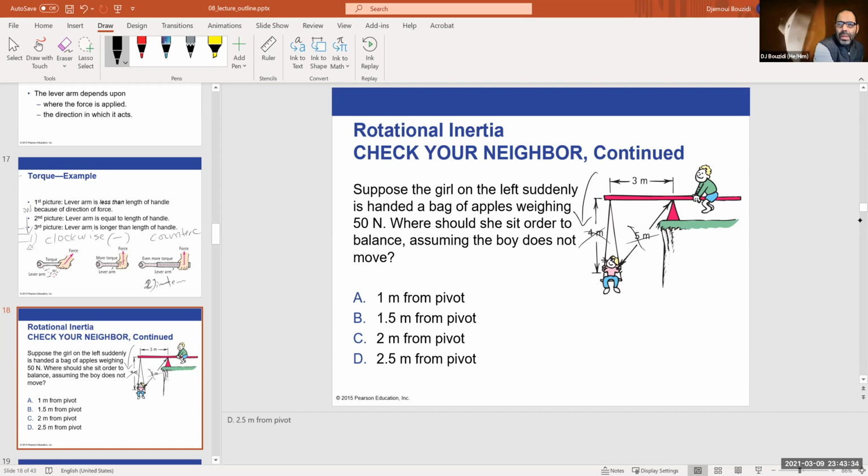And right now we're going to add 50 Newton to the problem times 3 meters. So it's going to be 150 Newton meter, the new torque, okay? That is basically the additional torque to this equation.